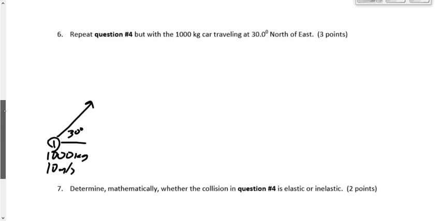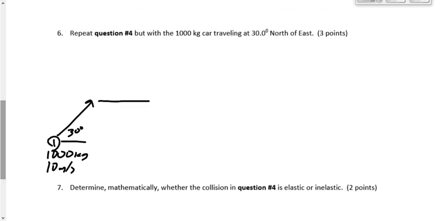Now car number 2 was still going to the west at 15 meters per second. I think they're going to head off up here somewhere, but they may actually head off together up here somewhere. We don't know exactly.